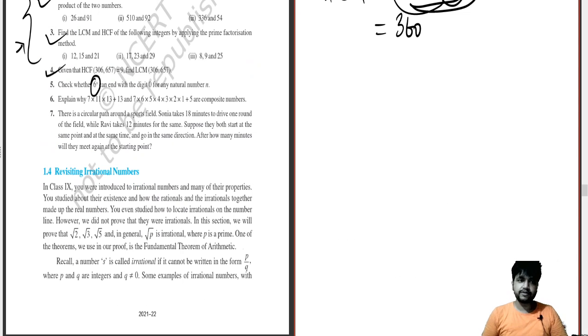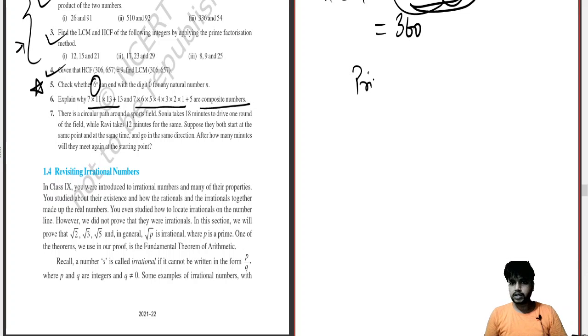The same question arrives in the fifth part of the exercise. Explain why these are composite numbers. What do composite numbers mean? There is a slight difference between the composite concept and the prime concept.